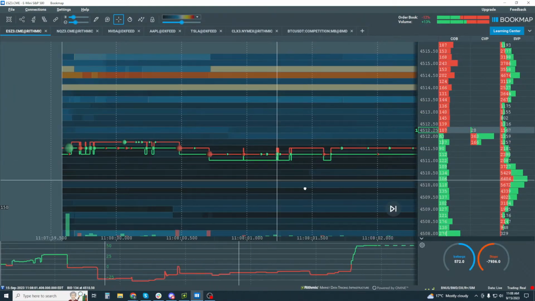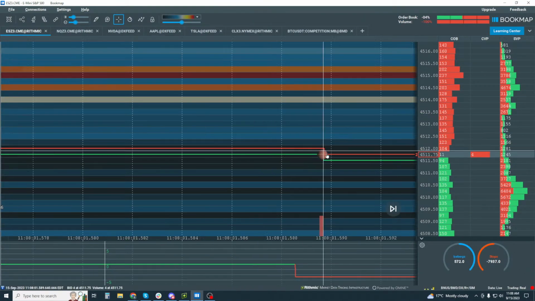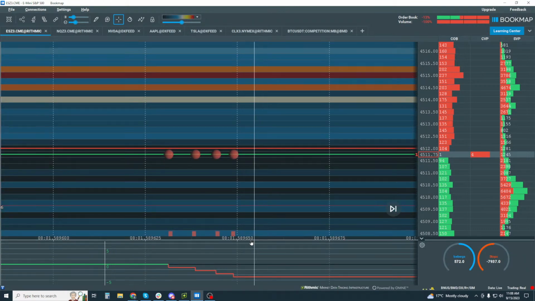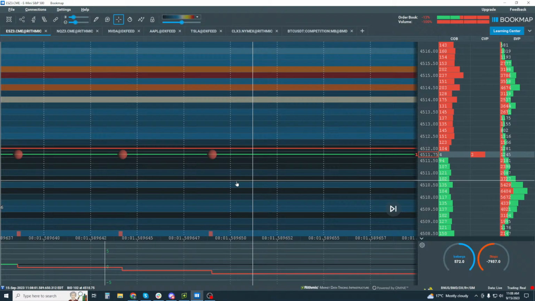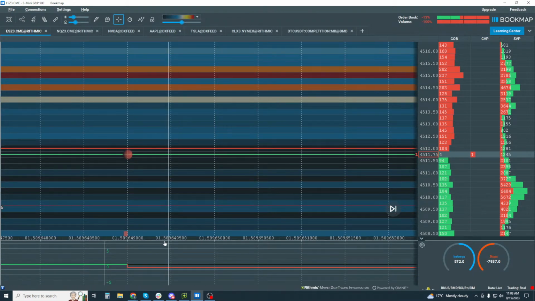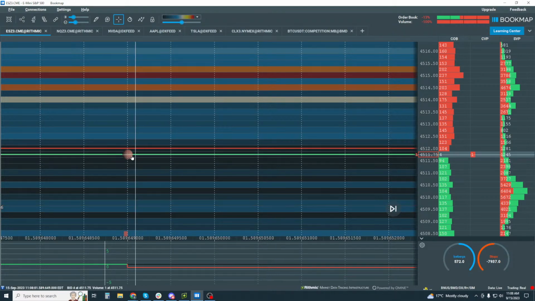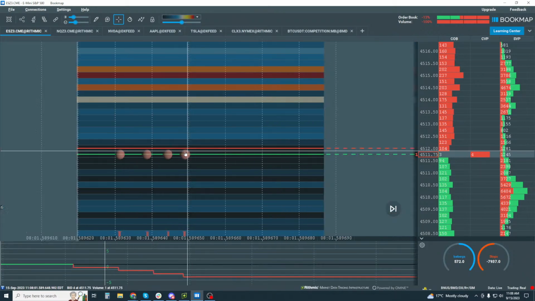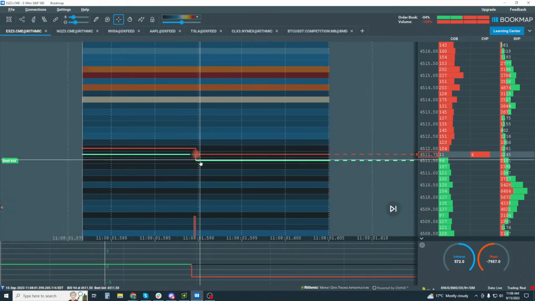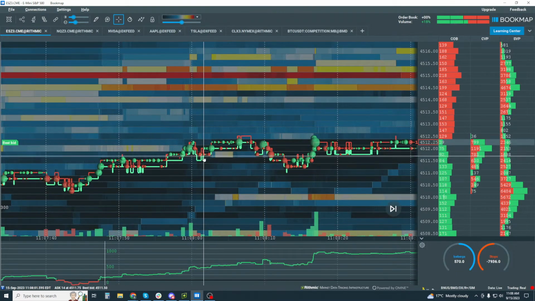When we really zoom in, we're looking at microseconds, or nanosecond resolution, and we can go down to those resolutions as well and get very granular and truly understand what's happening in the markets. That's at a different level.